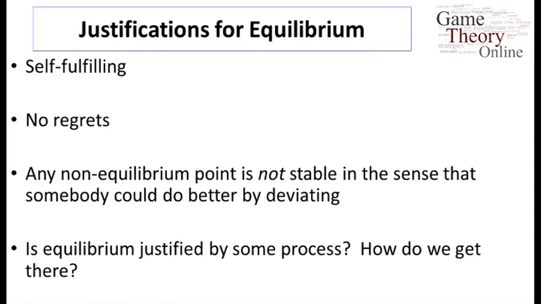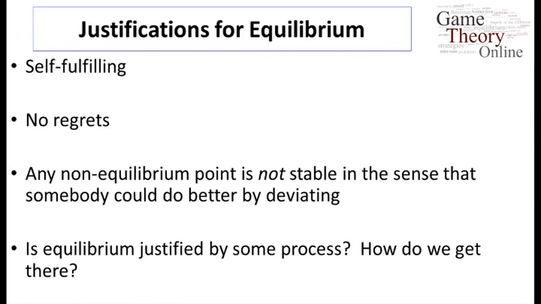So by definition, we required that each player was maximizing, and that means that there's nothing better they can do. Now, that doesn't mean that there's nothing better that the whole society can do. We saw that in a prisoner's dilemma. But it does mean that each individual can't do any better than what the prescribed strategies are.